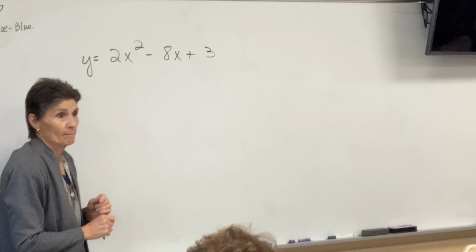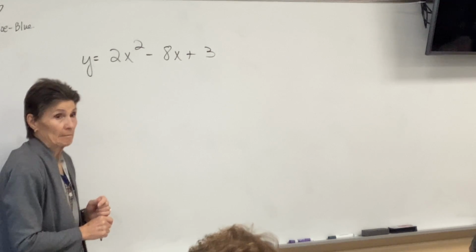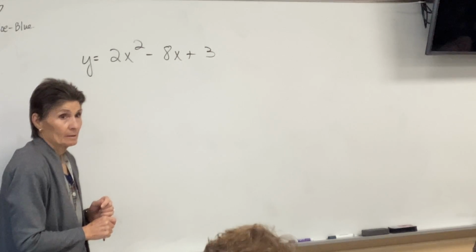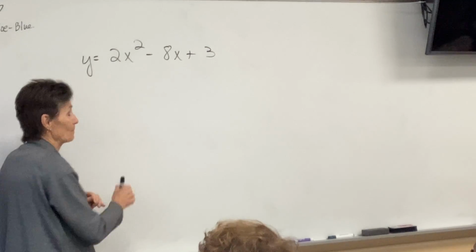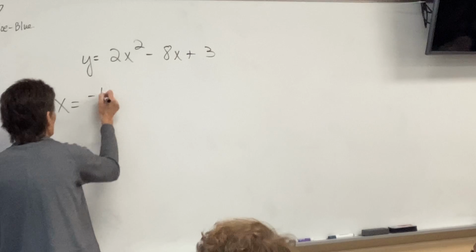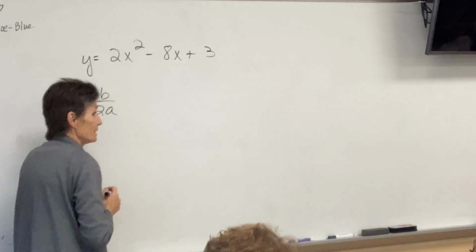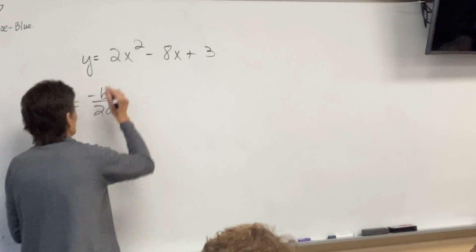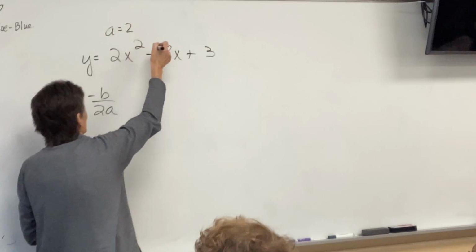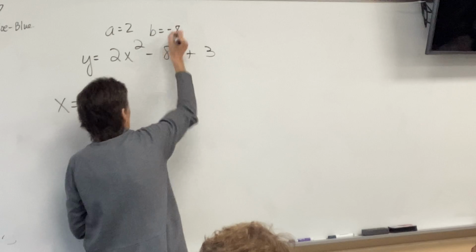X equals negative b over 2a, and in our particular problem, a is 2 and b is negative 8.